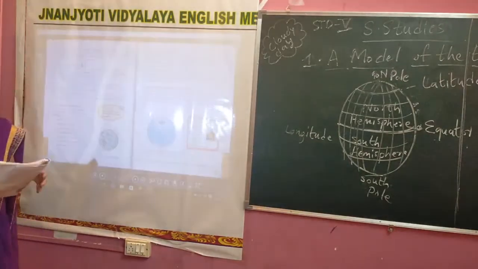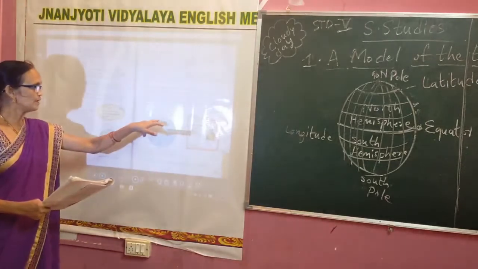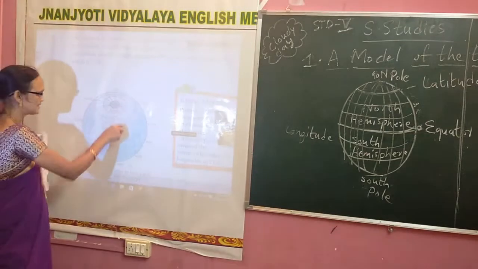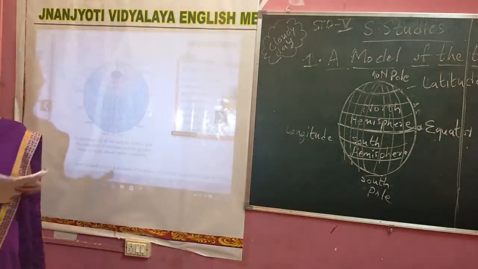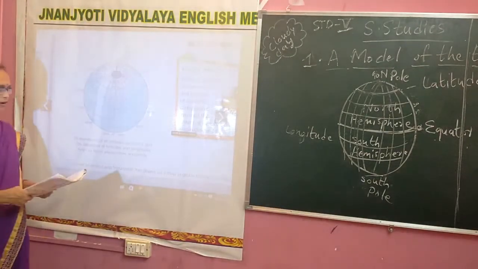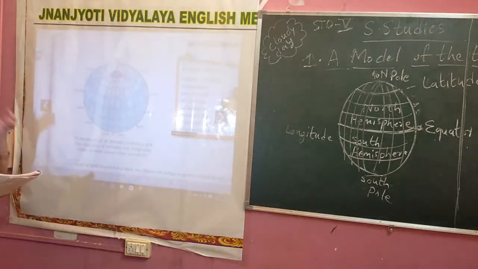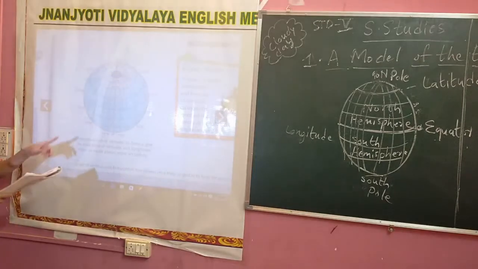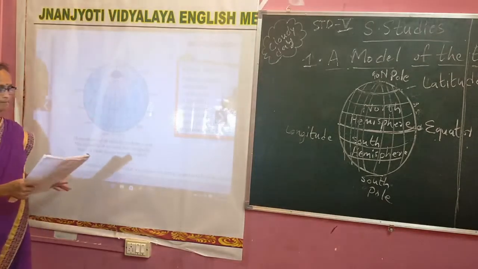Now about the longitudes. The vertical lines like this are called longitudes. Besides latitudes there are also some circular lines running to the North Pole and South Pole. These lines are longitude lines, also called the meridians.